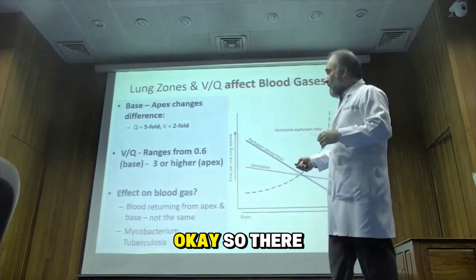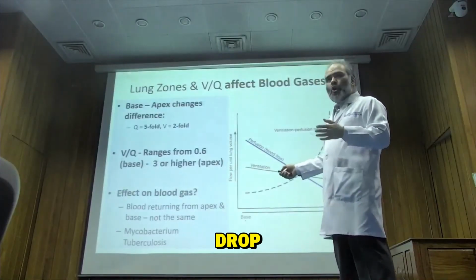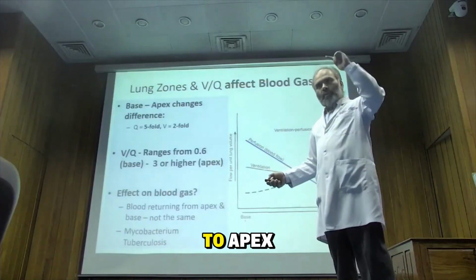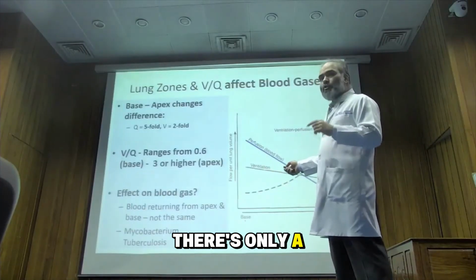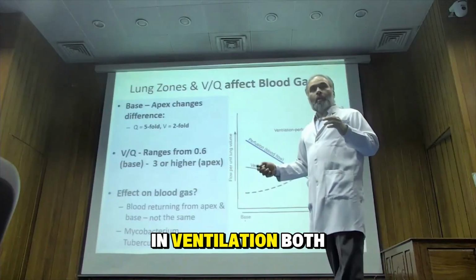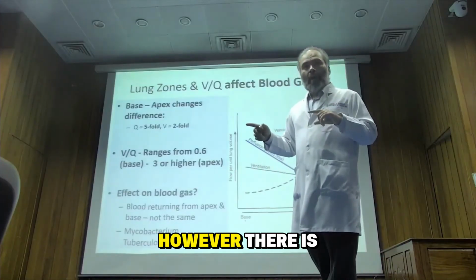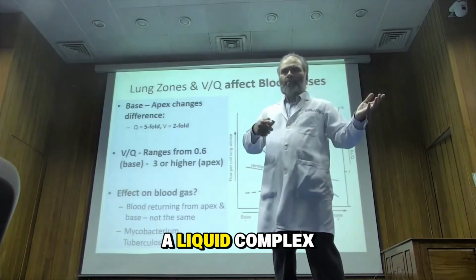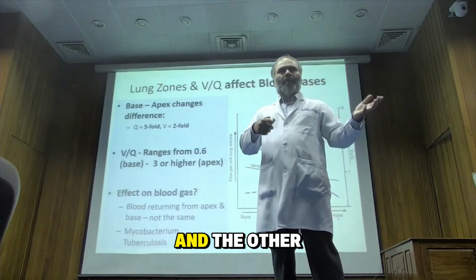There is a 5-fold drop in perfusion, blood flow, as you go from base to apex. There is only a 2-fold drop in ventilation. Both drop, however, the drop is not symmetrical.